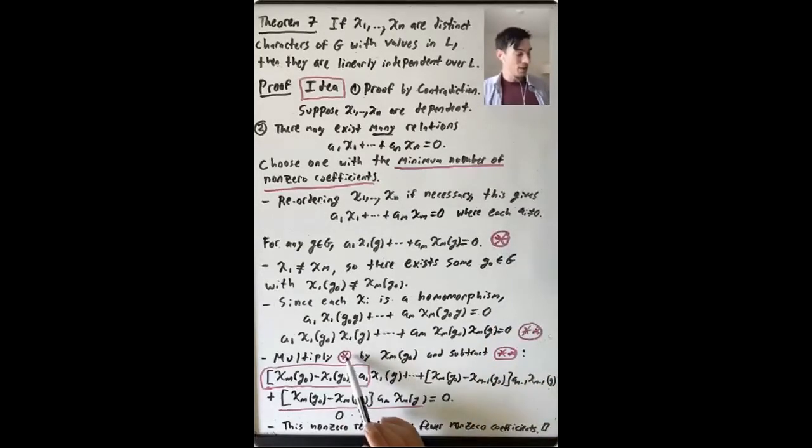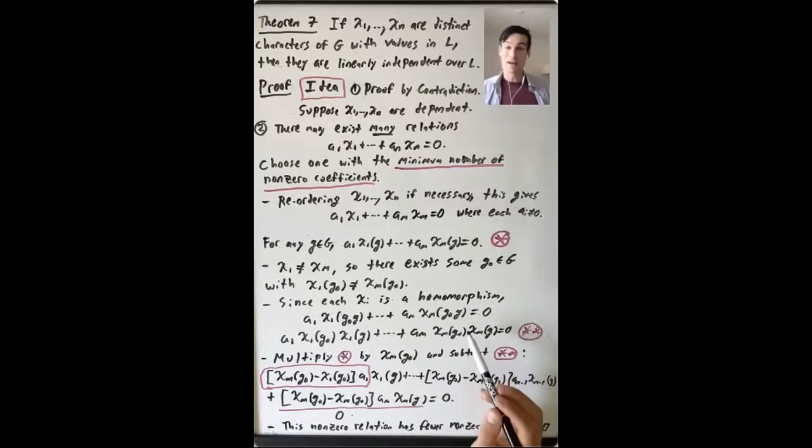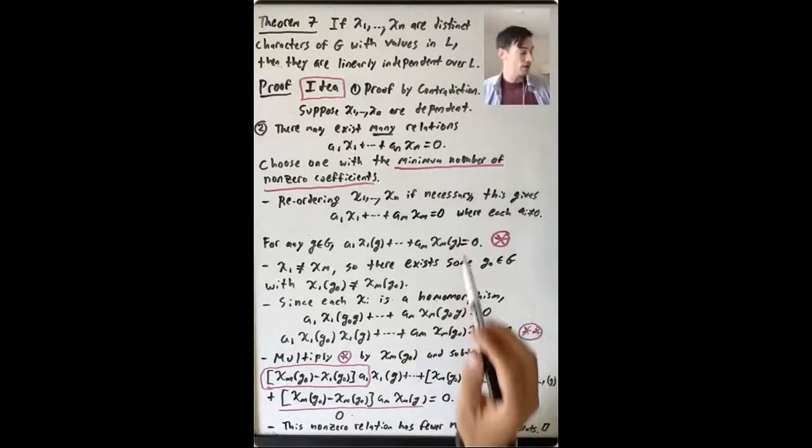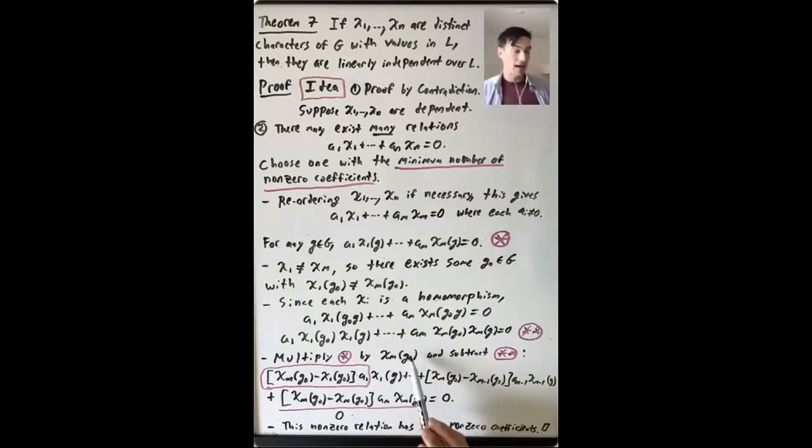This is the other big thing to remember here: how are you going to find a non-zero relation with a smaller number of non-zero coefficients? We're going to play these two equations off of each other. So multiply star by chi(m) of g0 and subtract star star.